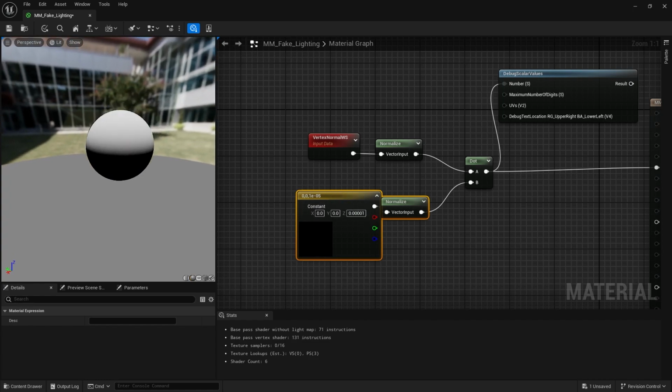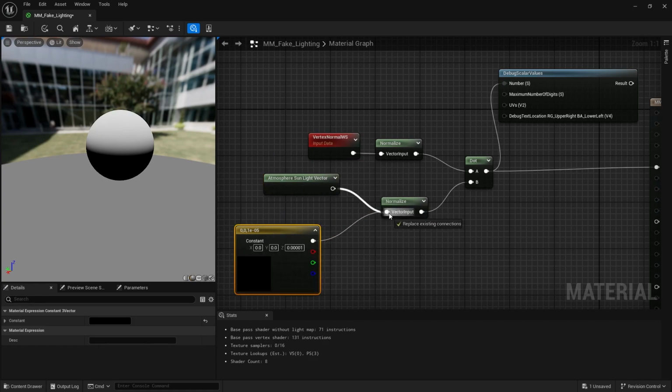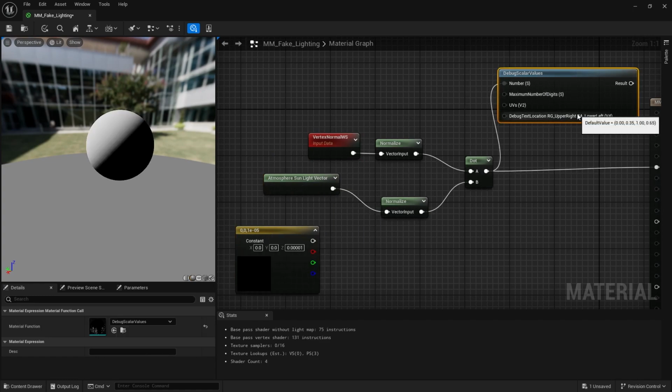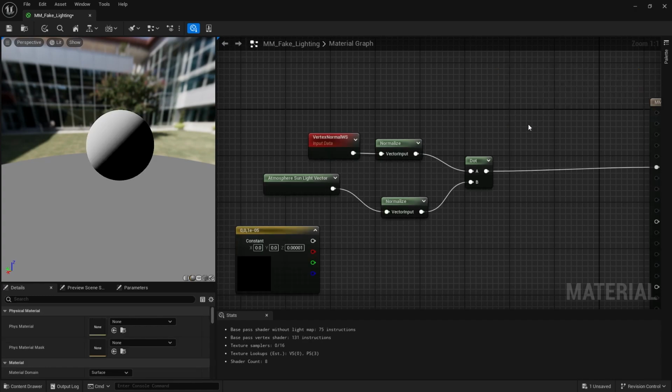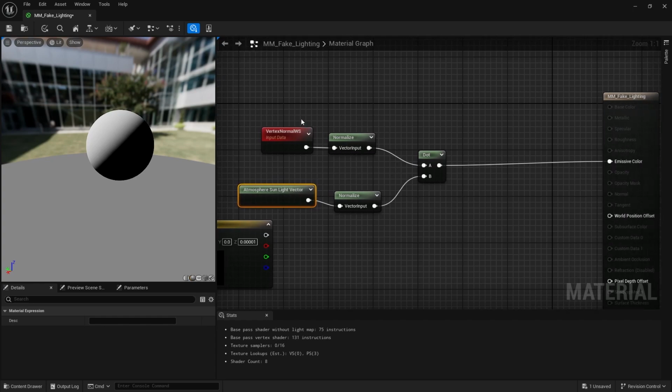But now I want to interact it with the atmospheric light which I have, like the directional light. So we can use a node which is atmosphere sunlight vector, and if I multiply this, not multiply, I always keep saying multiply. If we get the dot product of this vertex normal with our light vector, it will give us the result as 1.